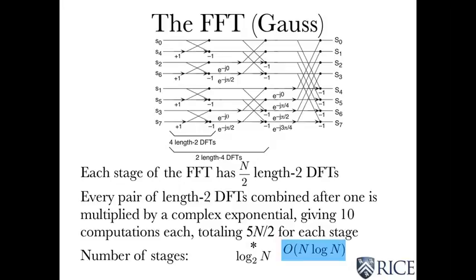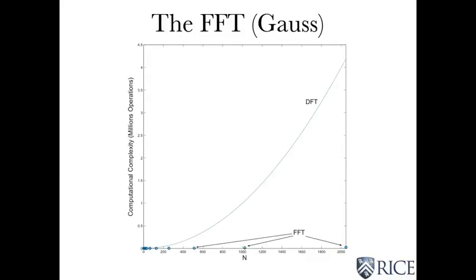So the question is, is this really a savings? I mean, this looks to be a bit more complicated program you'd have to write than the straightforward DFT. So let's compare their complexities. On this plot, I have the DFT complexity, which is n squared, and I've compared that with that of the FFT, n log 2 of n, however, only for the powers of 2.